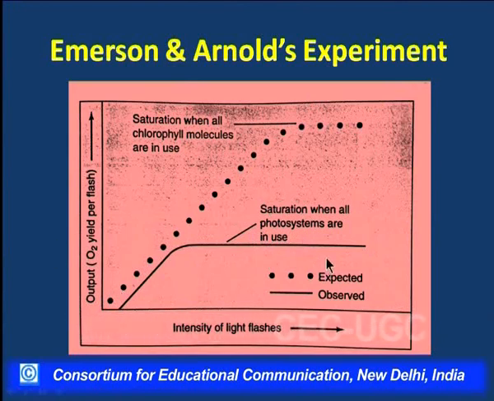What does it mean? It means that perhaps all the chlorophyll molecules are not working. There is a distinct division of labor, and all the chlorophyll molecules are not doing the same thing.